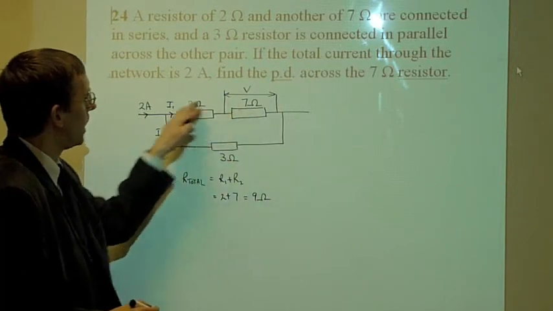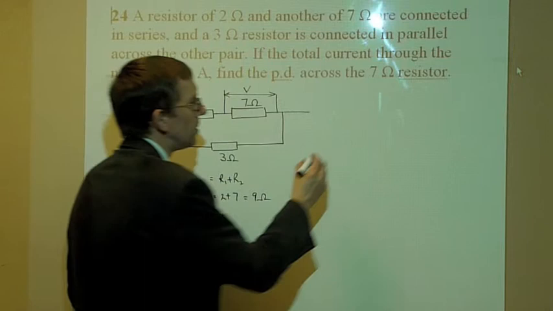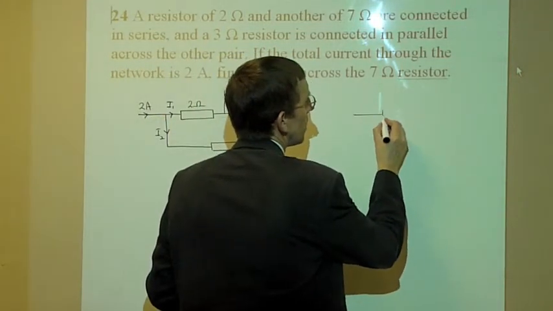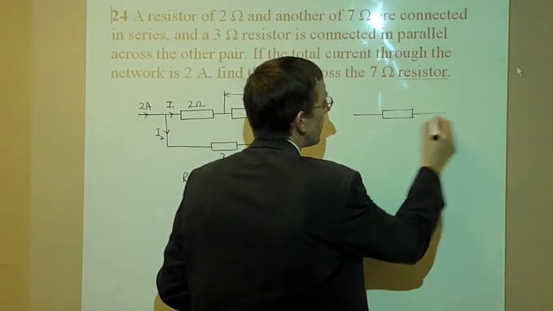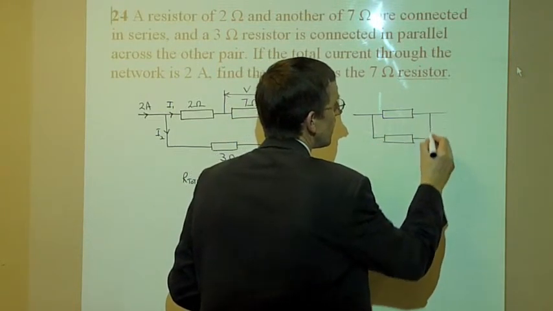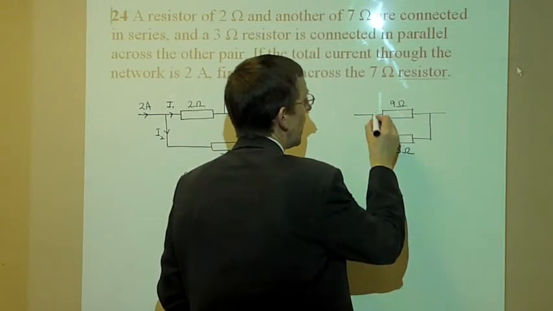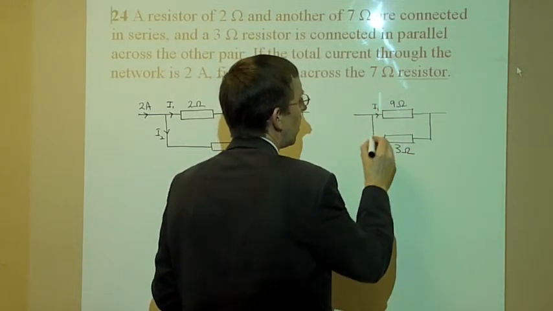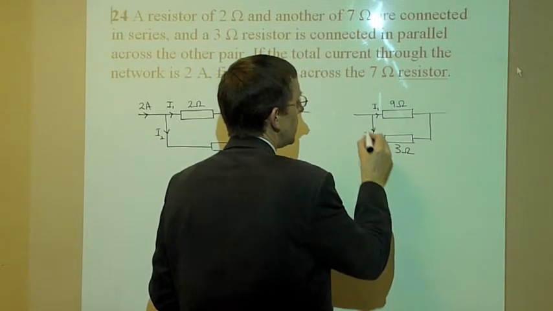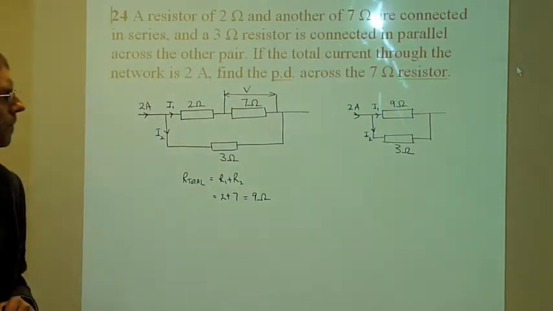So I can replace those two resistors with a single resistor that has a value of 9 ohms. That's 9 ohms there, and that's 3 ohms there. That's I1 there, that's I2 there, and I've got 2 amps flowing in.